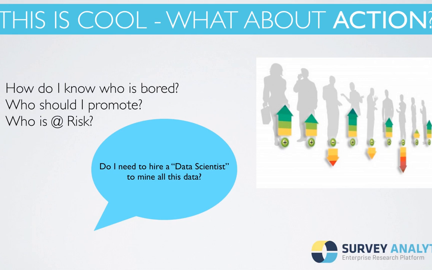You can do cross-segmentation between managers. You can say, look, there are 4 people reporting to John and 4 people reporting to Susan, and Susan's scores are always lower than John's scores. Why is that? You can start looking into these kinds of analytical models to infer behavior, if you will.